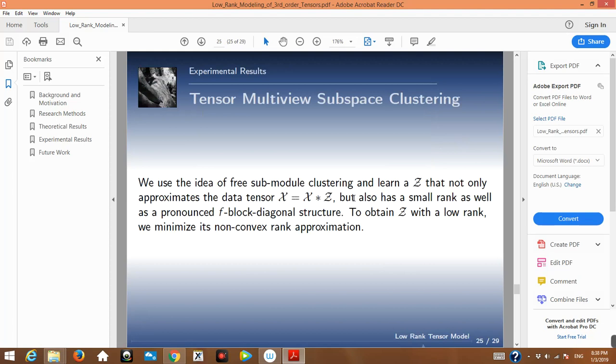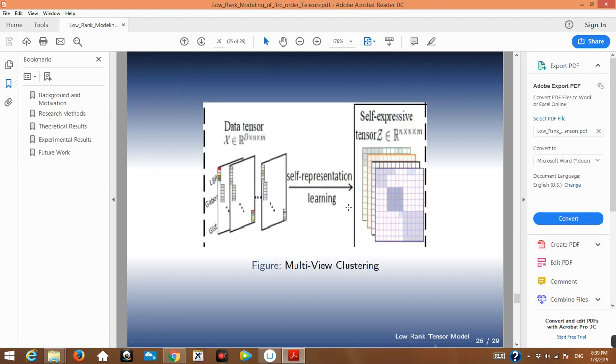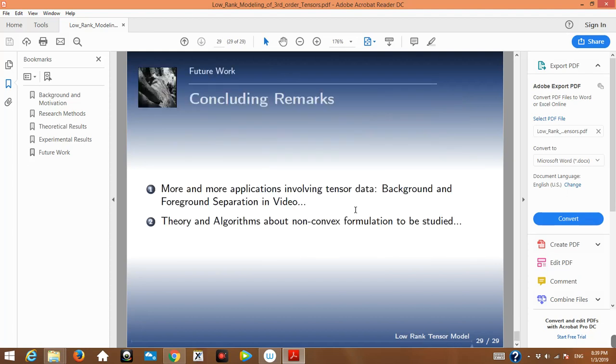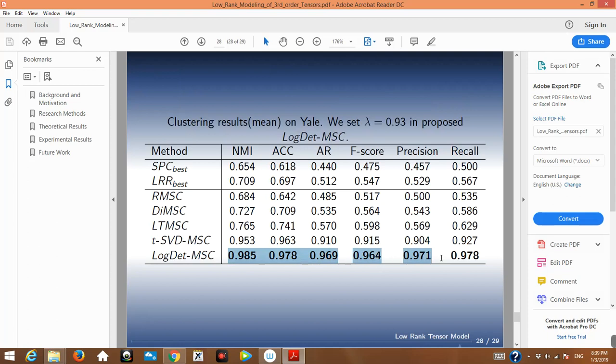So this is a well-known condition for subspace clustering. And if Z is low rank and has a block diagonal structure, we can use the geometry of Z to construct the multi-view clustering results, to do the multi-view subspace clustering. You can see our result is also very good.